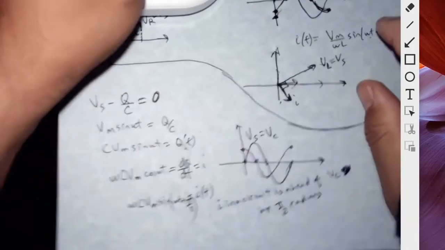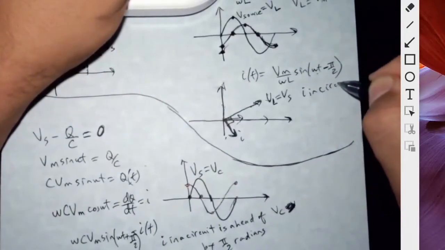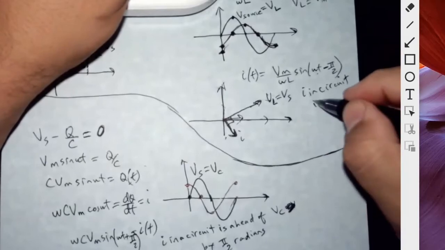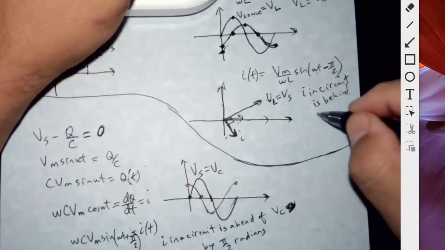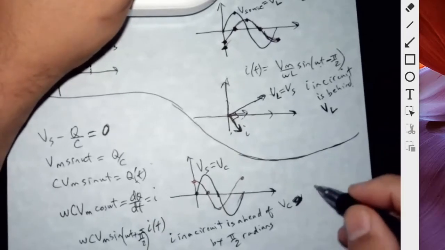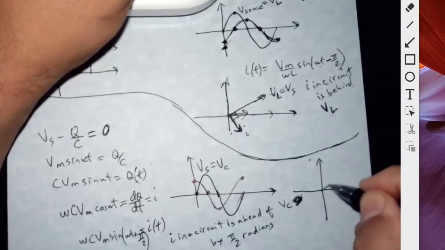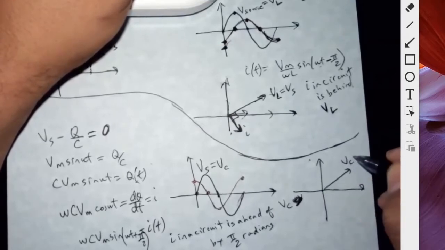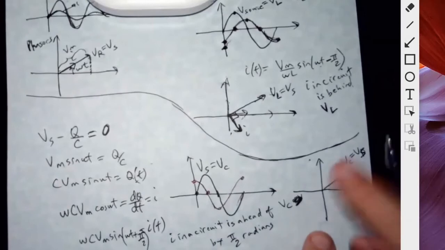And then over there, the current in the circuit is behind voltage of inductors. You see, and then the phasor diagram for that is going to be voltage of capacitor equals voltage of source, right? And then the current is going to be ahead.